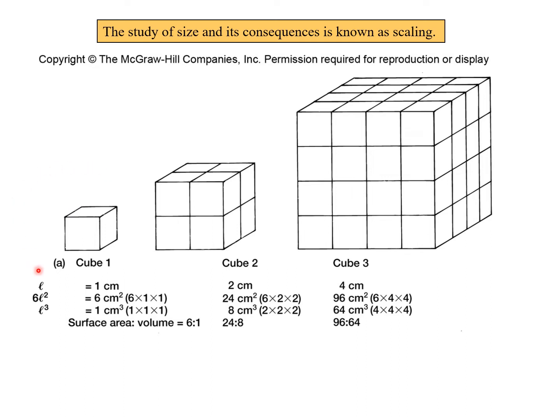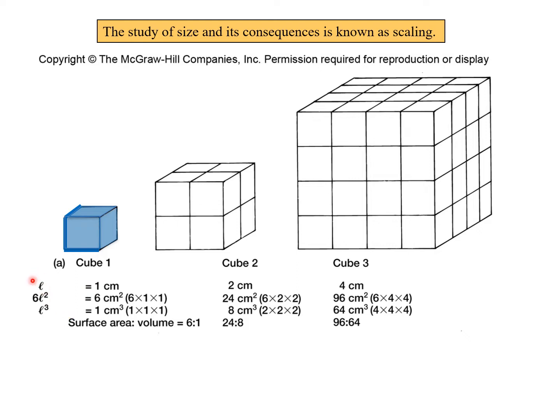The surface area of this cube is simply the width multiplied by the height, and that will give you the surface area for one face. And since there are 6 faces, you multiply that again by 6. So the length is 1 centimeter, but the surface area is 6 centimeters squared. The volume is the width by the height by the depth, and that is 1 cubic centimeter.